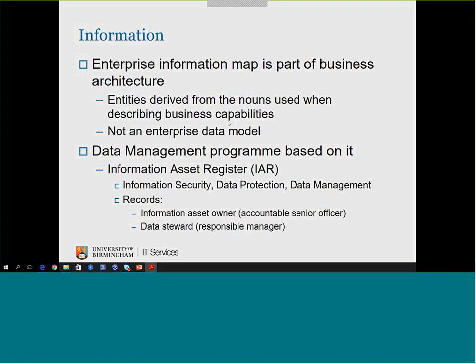We already have one of those, but we need a new one with more information on it, and that makes a big contribution to things like security, for example. With the GDPR looming, we have a GDPR working group, which is based on the enterprise information model that I have here.